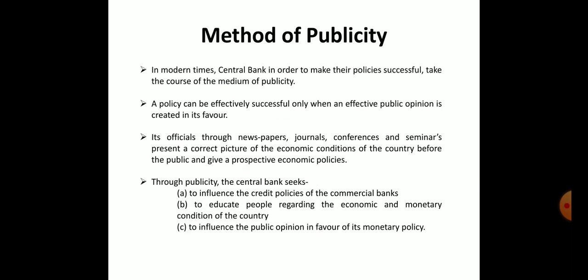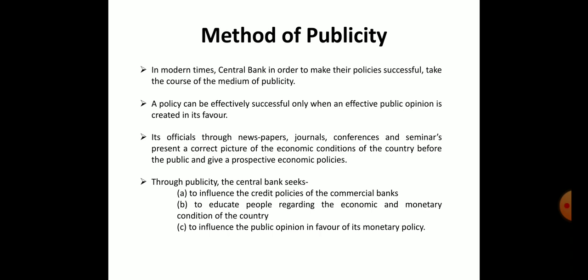Next is the method of publicity. As we know, publicity is a promotional technique by which we can promote something to the public. In modern times, the central bank, in order to make its policy successful, takes the course of publicity. A policy can be effectively successful only when effective public opinion is created in its favor.